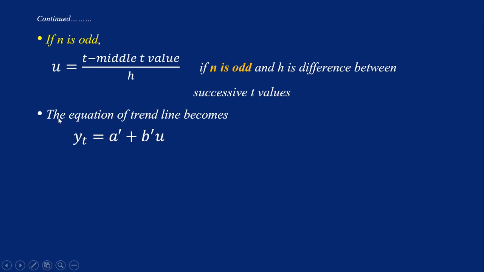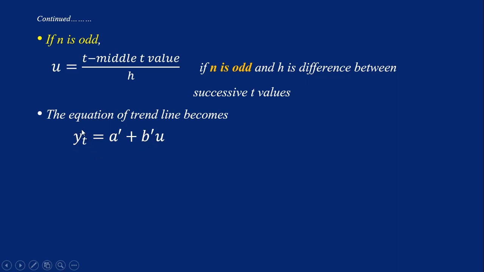Second point to remember, the equation of the trend line becomes, now instead of x we are using the variable yt: yt is equal to a dash plus b dash u. Now instead of t we are going to use the variable u. Instead of a and b, we are making them a dash and b dash. We want to find the values of a dash and b dash.